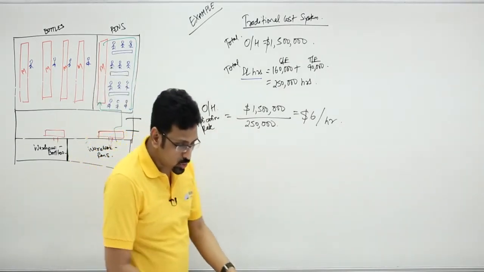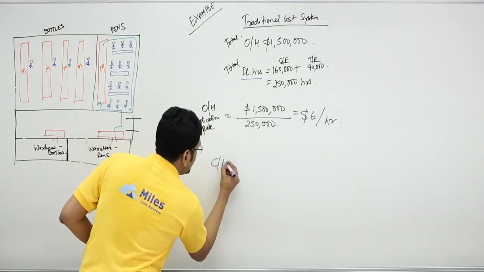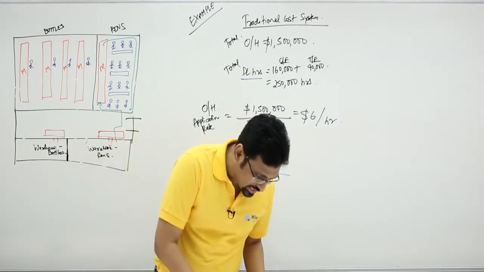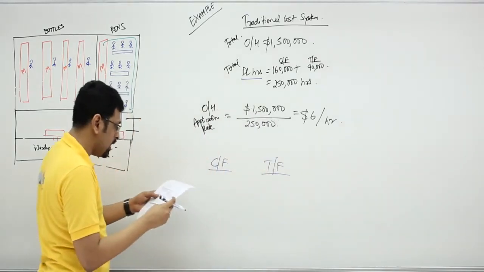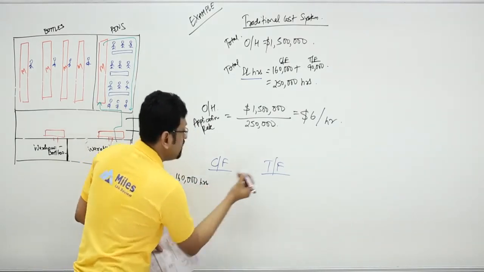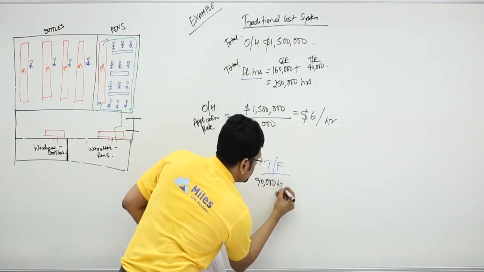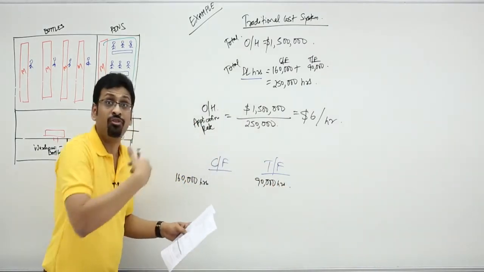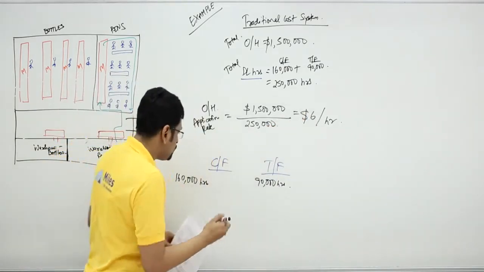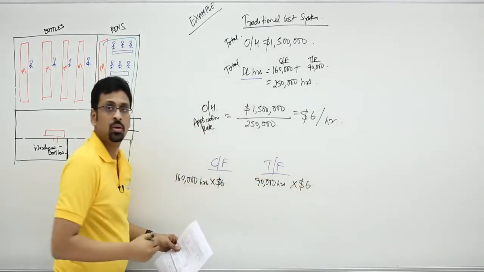Now let's look at the two departments that we have here. We have ceiling fan and we have table fan. Ceiling fan used 160,000 labor hours. Table fan used 90,000 labor hours. For every hour of labor that they use, we're going to apply overhead at $6. So this would be times 6 and this would be times 6.